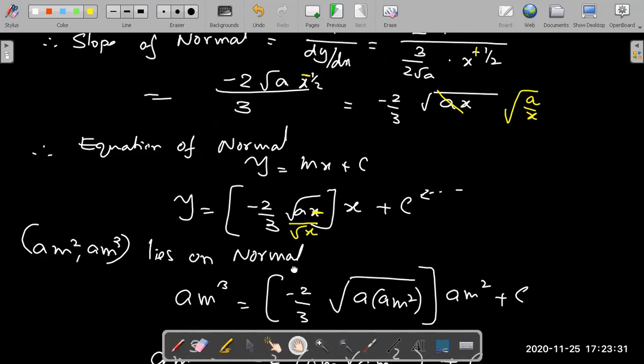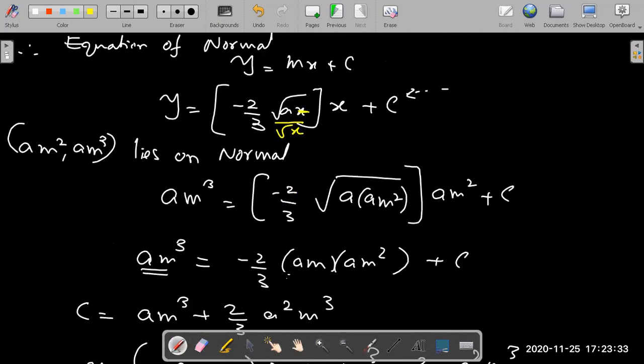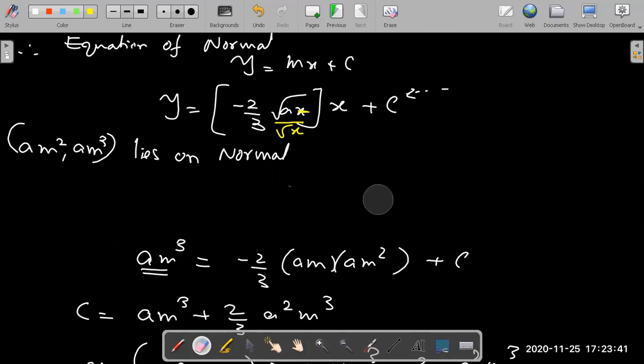Okay, then from here onwards I can redo that. I don't need to mess up the thing.